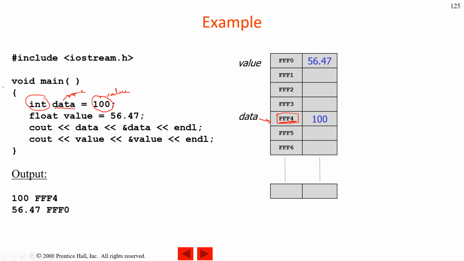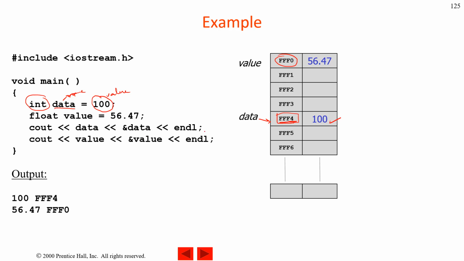Similarly, for float, I can have a variable called value, whose value is 56.67, and if I want to actually write these addresses, what I need to do is I can write cout data. So when I say cout data, it's going to give me this value 100. If I want to write the address, I'm going to write cout ampersand of data, that is the address of data.